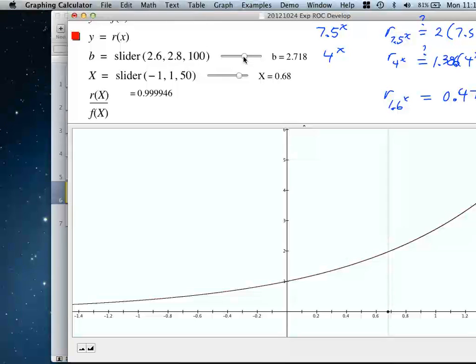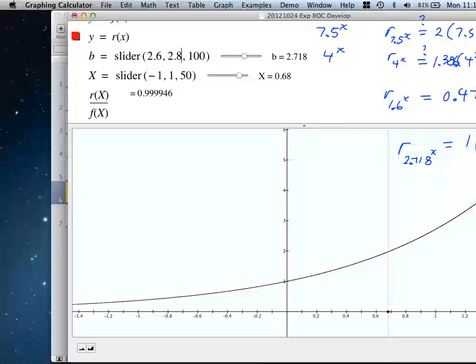So what is this value of b that does that? 2.718. So 2.718 to the x, that rate function is 1 times, or the same as, the original accumulation function.